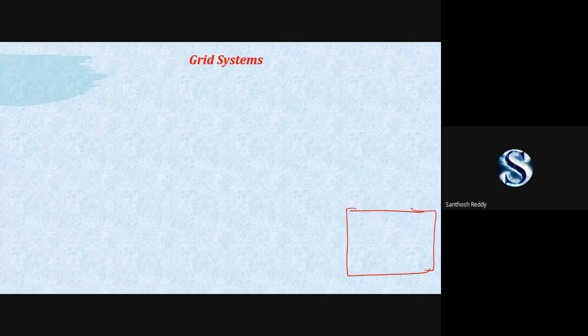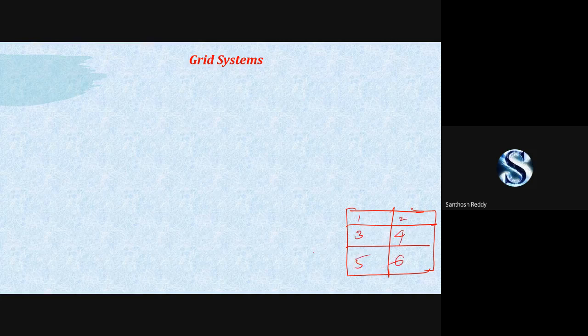Next, grid system. Grid system is nothing but generating a table, but here it is different. Grid system in the sense here we are going to work with the form of tables and rows. This is what your grid system is.